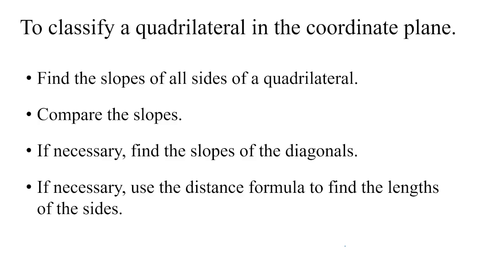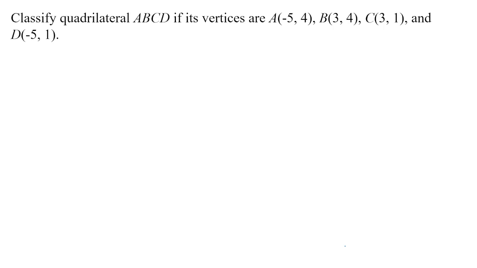So without further ado, let's look at some examples. Let's say you are to classify quadrilateral ABCD if its vertices are (-5, 4), (3, 4), (3, 1), and (-5, 1). All right, so what we're going to do, we're going to find the slopes of the sides. So we have the slope of segment AB.